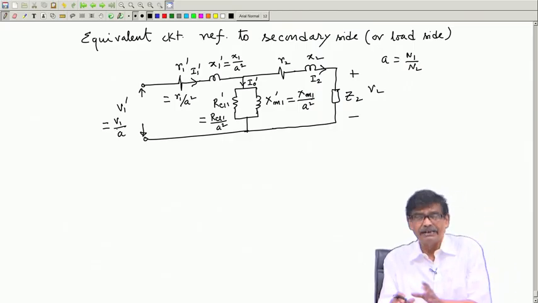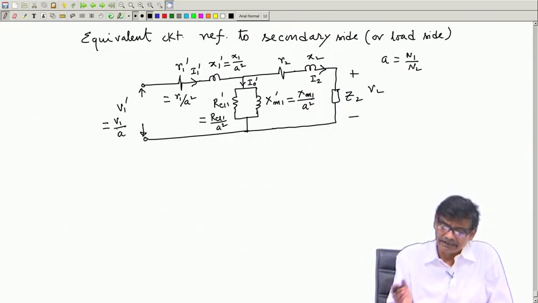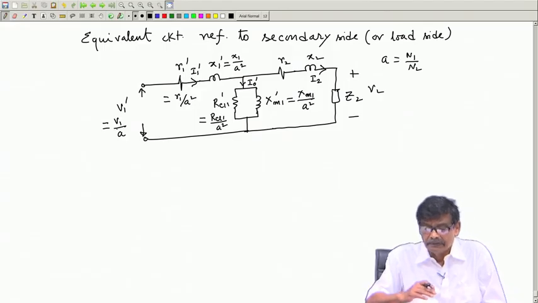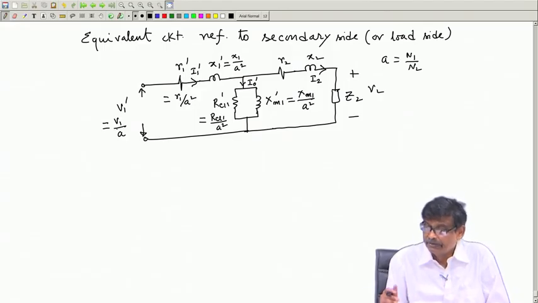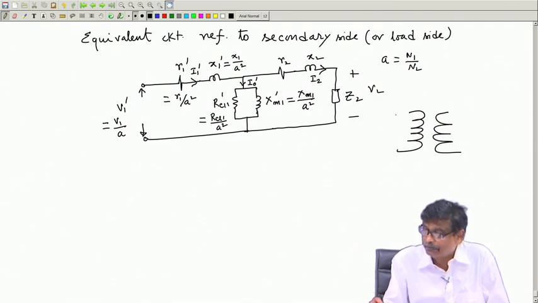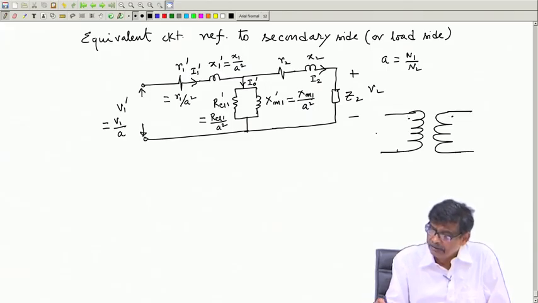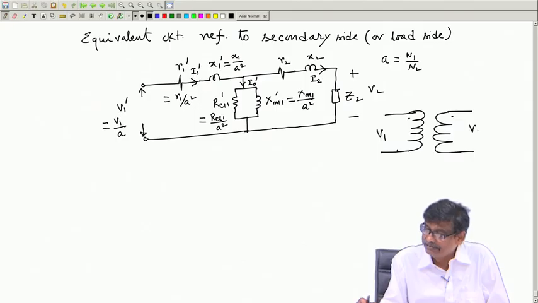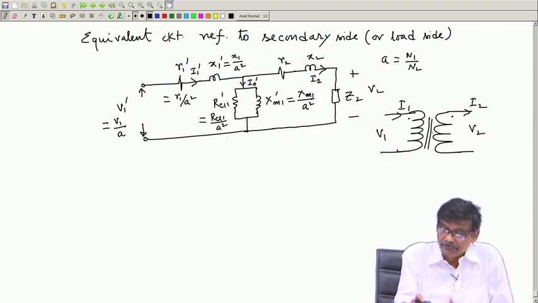Now, in this way I can draw the equivalent circuit, either referred to the load side or to the source side, and avoid this coupled circuit present in the circuit to be solved. Either way you can do. Okay. Your practical transformer is this is the real thing I2, this is I1, but this practical transformer can be viewed as this one.